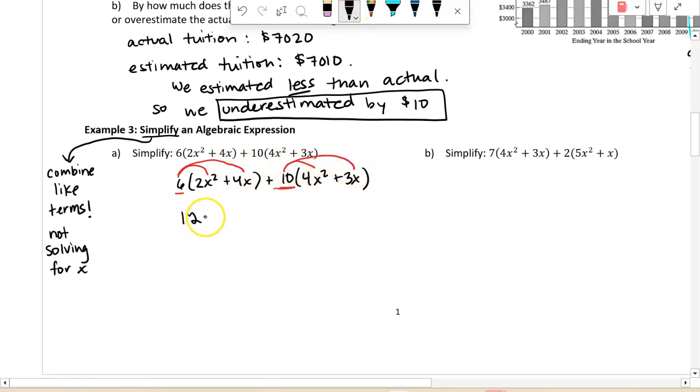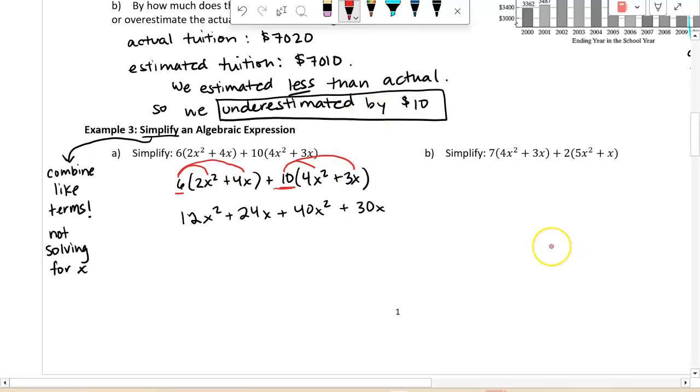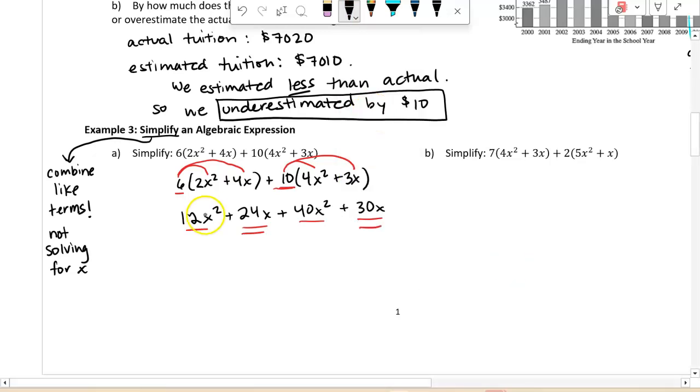I get 12x squared plus 24x plus 40x squared plus 30x. And I want to find my like terms because simplifying means combining like terms. x squared goes with x squared, and x to the first power goes with x to the first power. When you combine them, you don't change the x squared at all.